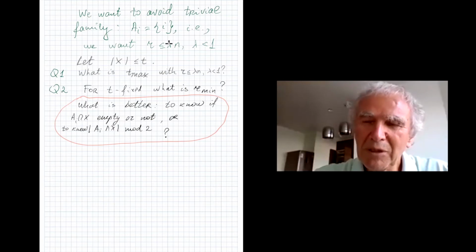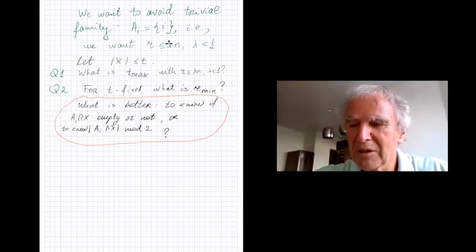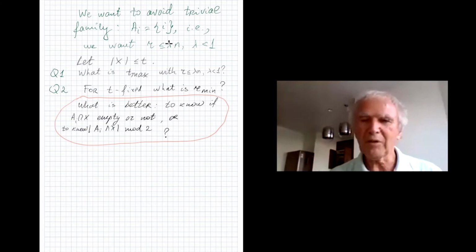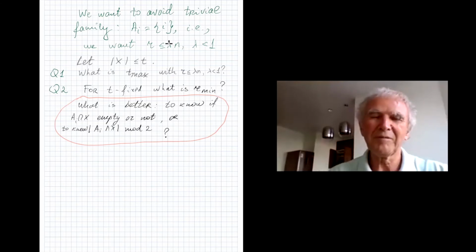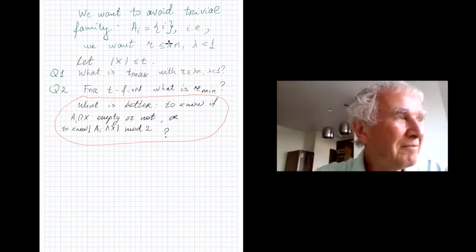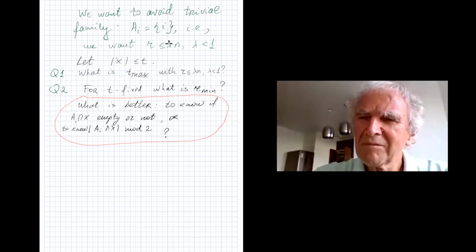To know if the intersection is empty or not, or to know if the cardinality of the intersection is even or odd? They are equal because the player who guesses needs n questions in any case, just because of the pigeonhole principle.